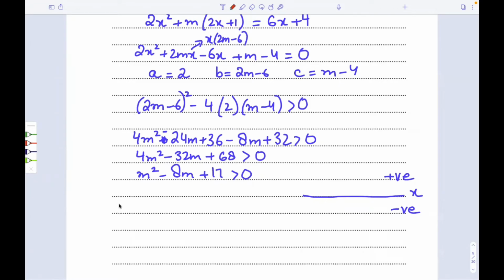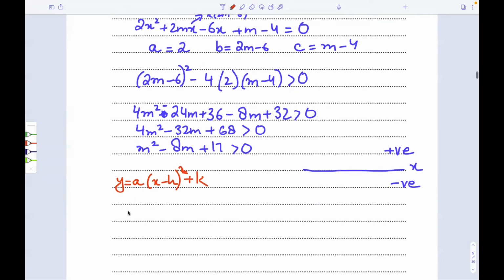So we find the turning point by converting our equation into the form y is equal to a into x minus h whole squared plus k. In this case, our variable is m instead of x. So we convert this into the completed square form and then find the turning point, because by finding the turning point, we'll be able to prove that the whole curve lies above the x-axis.